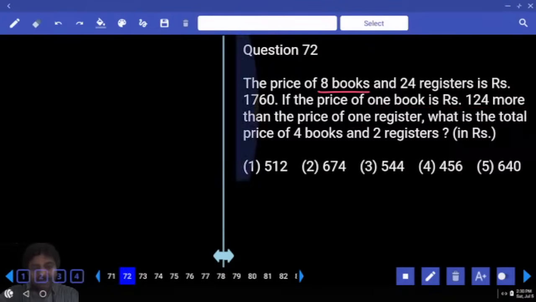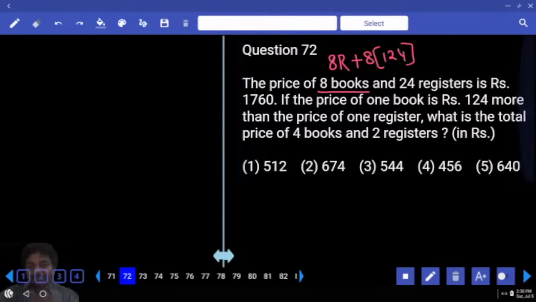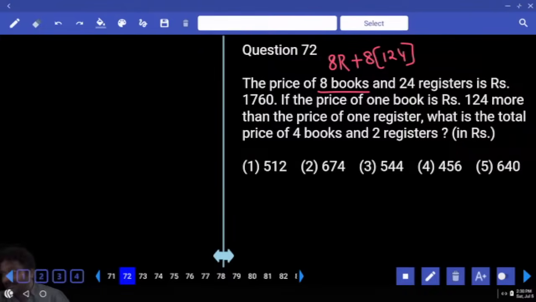Like that 8 books are there. So I am writing it as 8 registers plus 8 times 124. So now everything is converted to registers. 8 registers plus 24, 32 registers plus some number is there. Right hand side already 17, 16 is there.